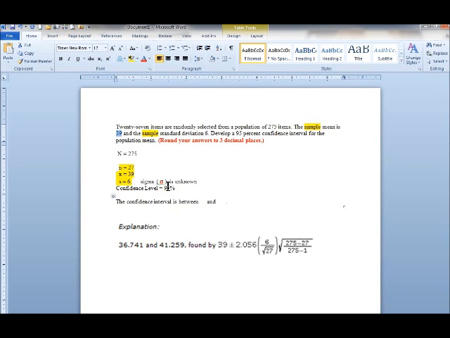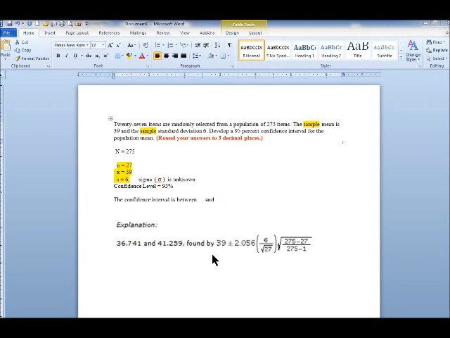So again, we can be 47.5% off to the left or to the right, so plus or minus a certain value. Now we need to understand where all these values came from. That's our next step. So we said that 39, the sample mean, is in the middle of the curve, and we're going to go plus or minus because we can be off to the left or to the right. We can be too high or too low.